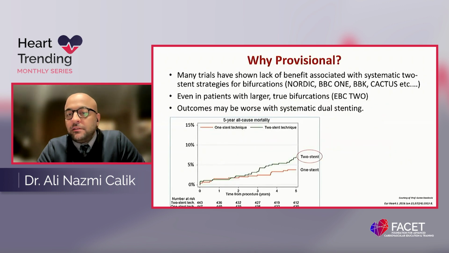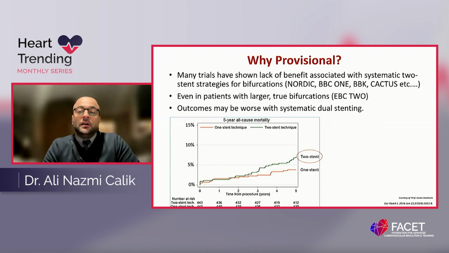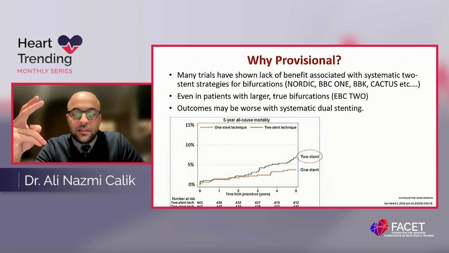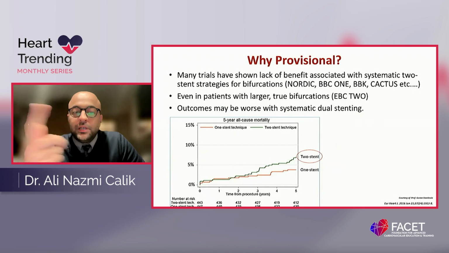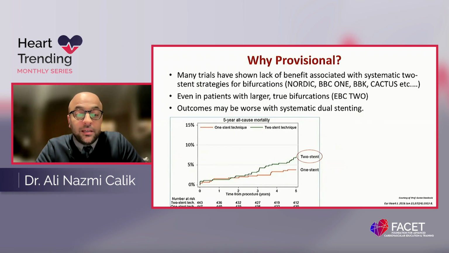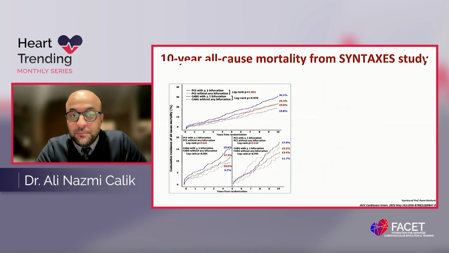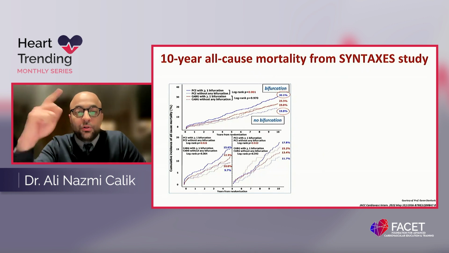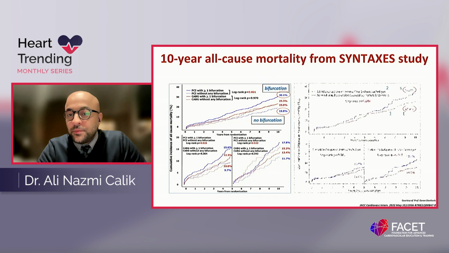Right, perfect. For the sake of time, I want to continue with a stepwise layered provisional strategy. There are significant data coming from the Nordic BBC1, BBK, Cactus, and the EBC2. If we systematically put two stents in bifurcations, you may increase the all-cause mortality. And the data coming from the 10-year SYNTAX trial show that if a multivessel patient has a bifurcation lesion, the all-cause mortality increases.